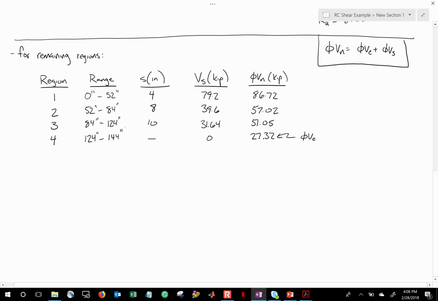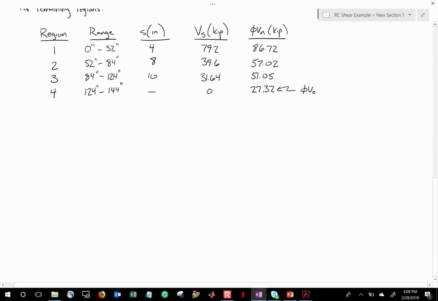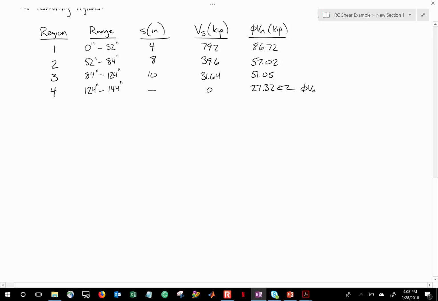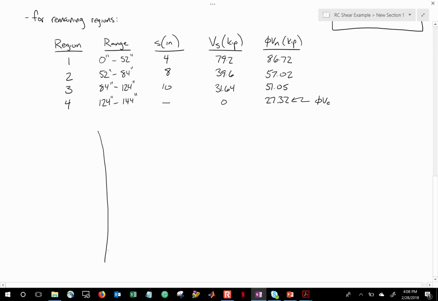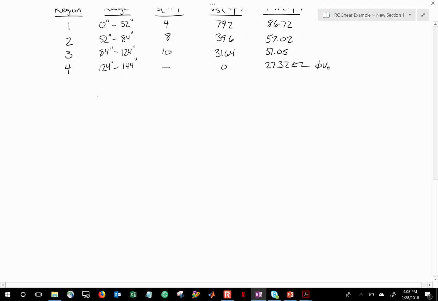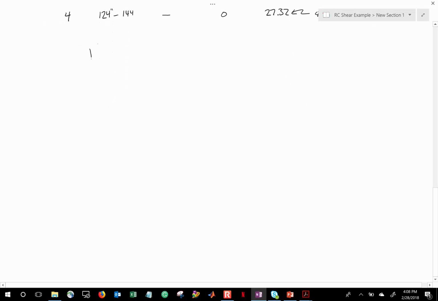The reason why I wanted to include that is I wanted to show you what's going on with the capacity, and really the whole point of the example. So I want to do a plot. Let's say that this is X, and this is shear.